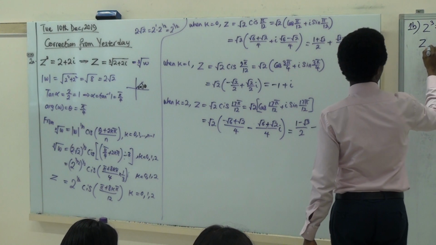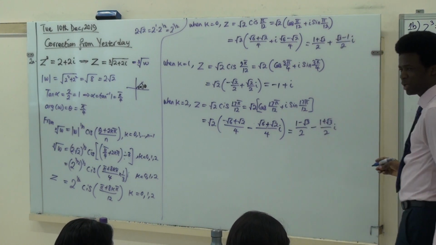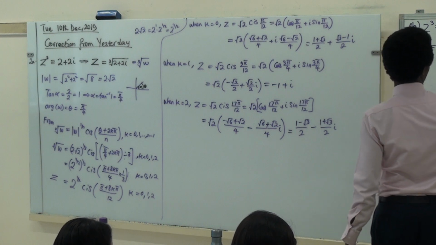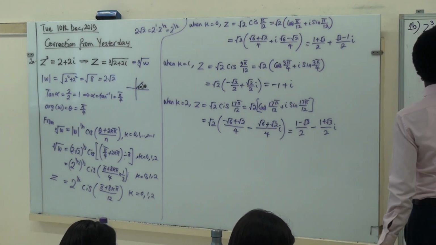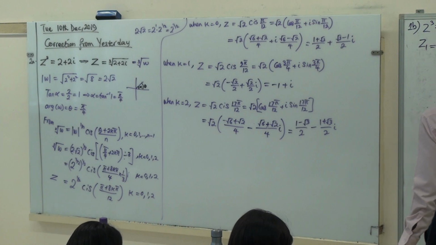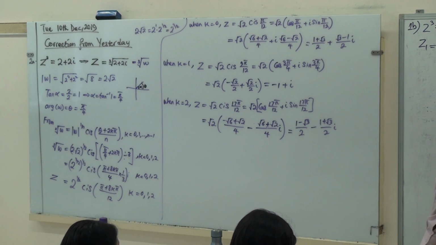So that's Z1. How many solutions will there be? 3. So what is Z2? 3i. Just that? Yes. So what is Z3? Negative 3 root 3 over 2 minus 3 over 2i. Yes.